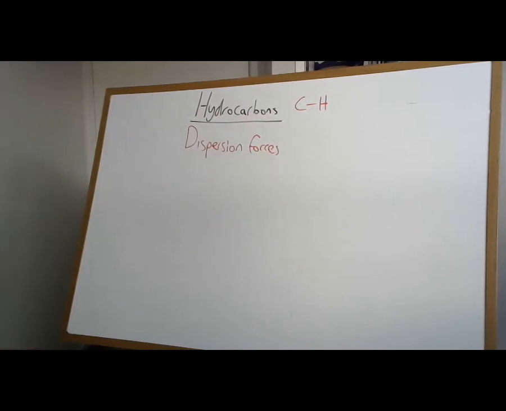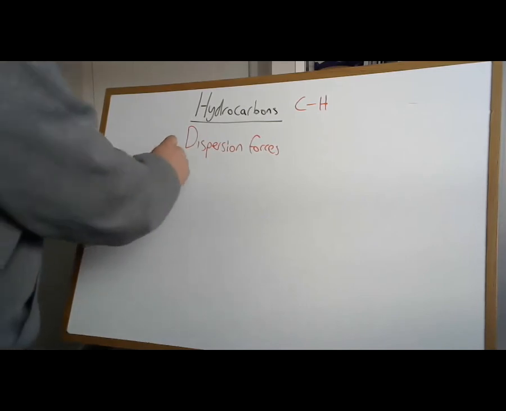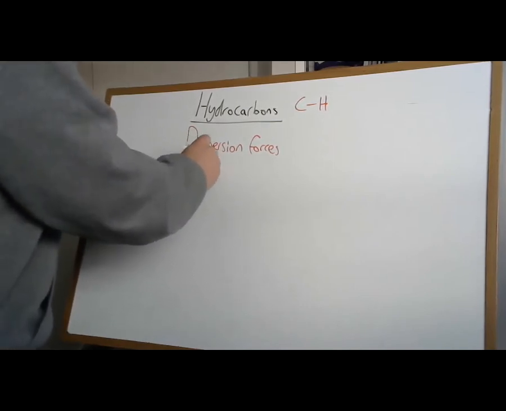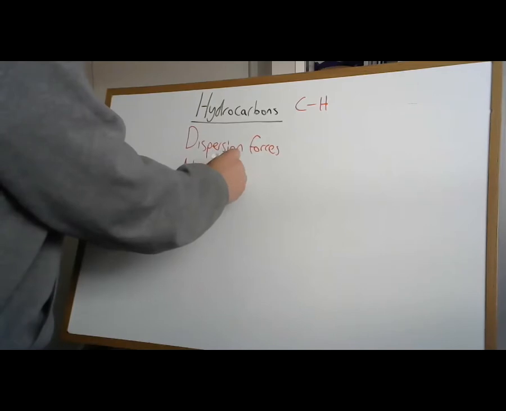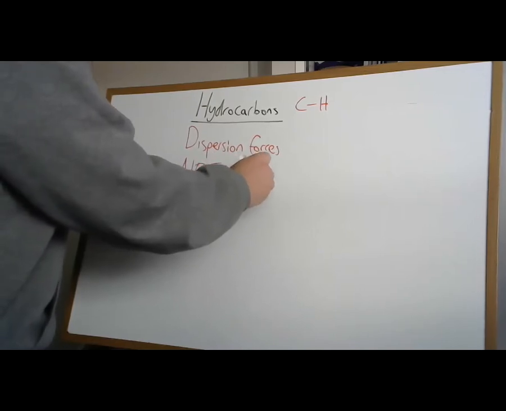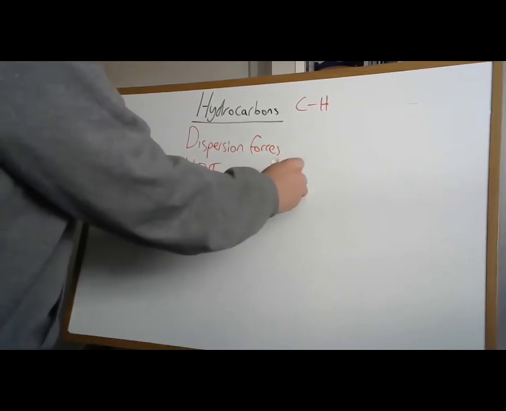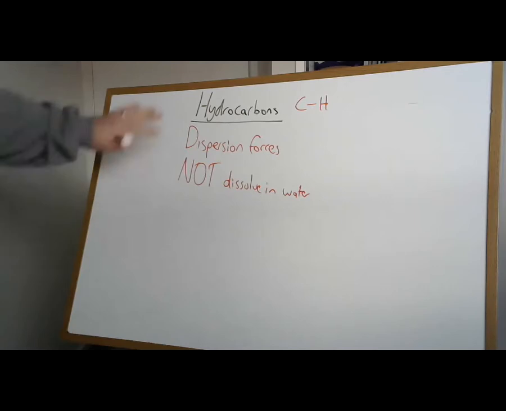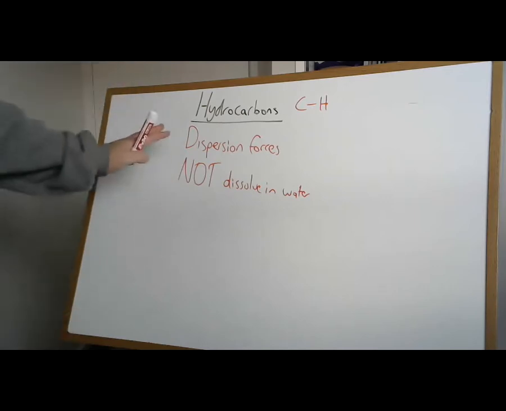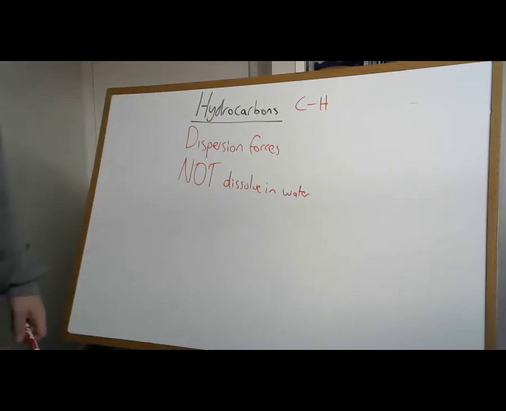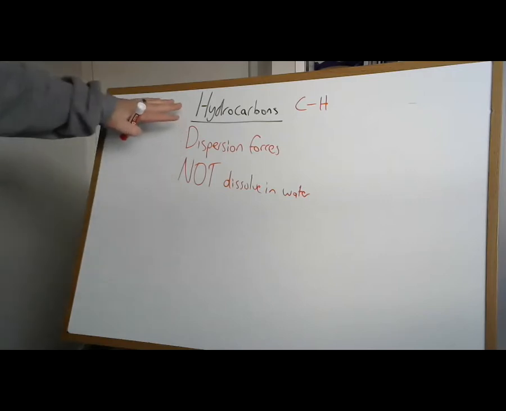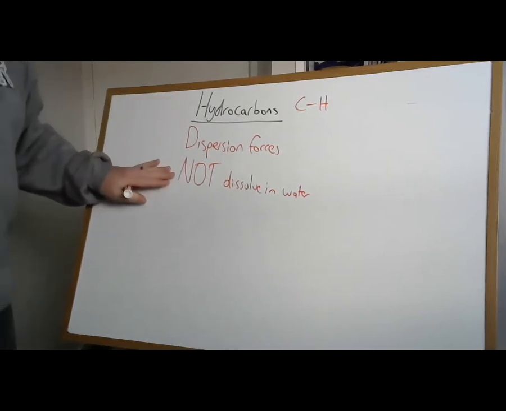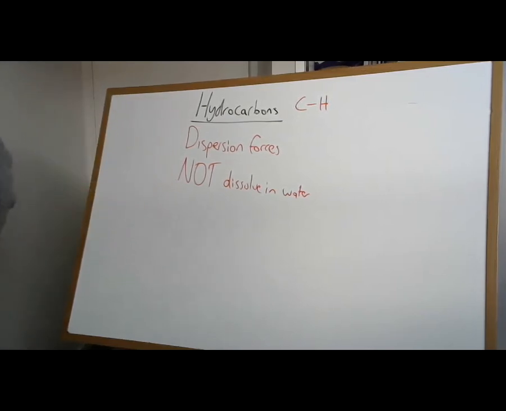So this will not dissolve in water. We refer to water as the universal solvent because it can dissolve everything else aside from hydrocarbons. So hydrocarbons and water are immiscible in each other.